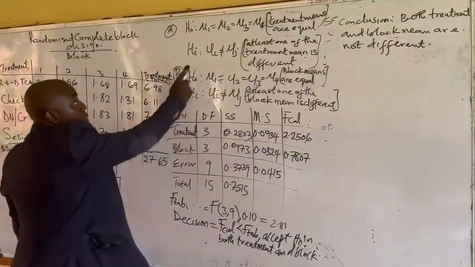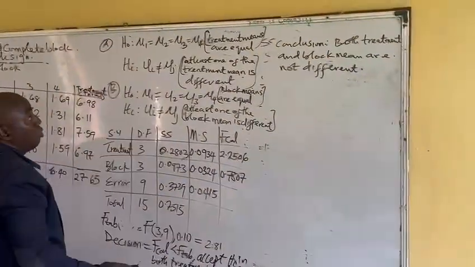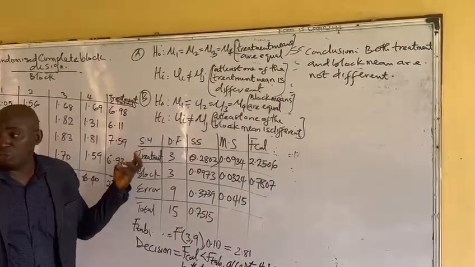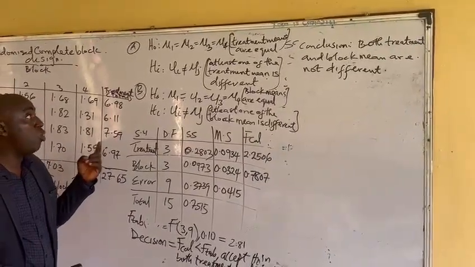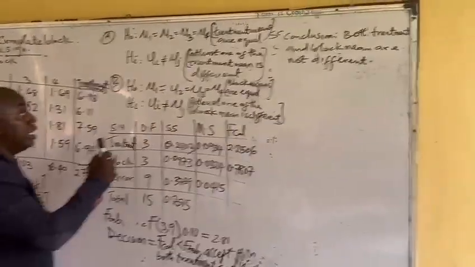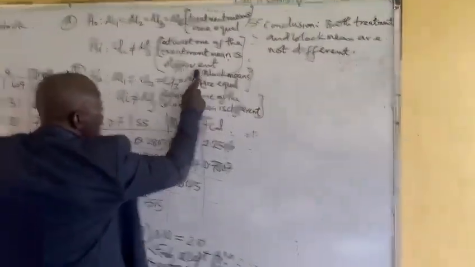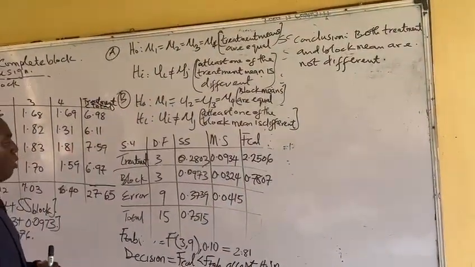And the alternative hypothesis is telling us that mu i is not equal to mu j. What this implies is that mu 1 may be equal to mu 2, may be equal to mu 3, but may not be equal to mu 4. And all of them can be different. So we always write that at least one of the treatment means is different. Then the same thing is applicable to the block as well.